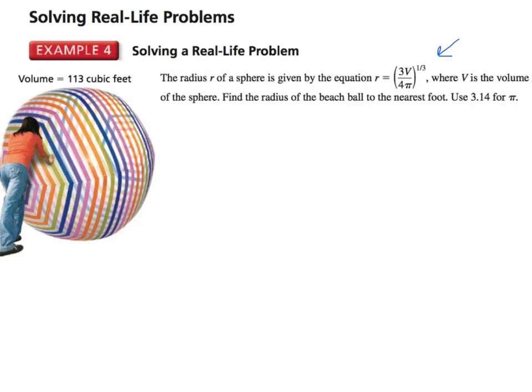Now it tells you over here that the volume is 113 cubic feet. Step 1, understand what you're trying to find. You know the equation that represents the radius of the sphere in terms of its volume. You are asked to find the radius for a given volume. So make a plan. I would substitute it in. You're given the formula.